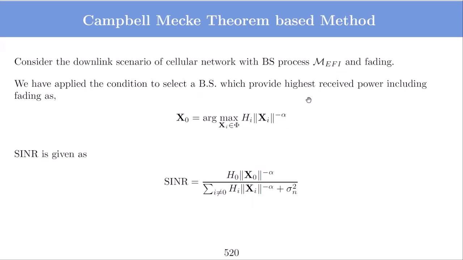Instantaneous power includes the path loss and the fading. Previously, when we did the association based on the average power, we did not include this fading. That is the main difference between this and the previous average received power based association. So SINR in this case is given by h0 x0 to the power minus alpha divided by the summation over hi xi to the power minus alpha plus sigma square.